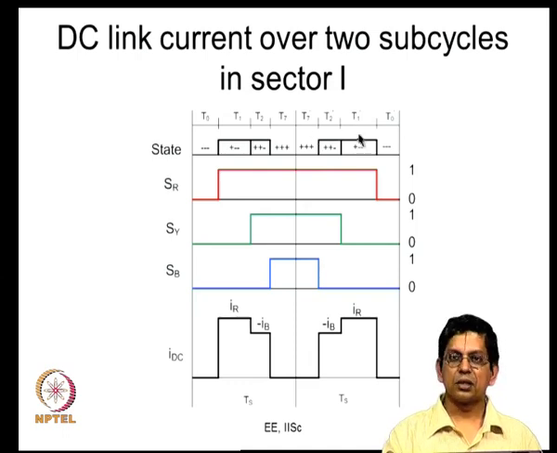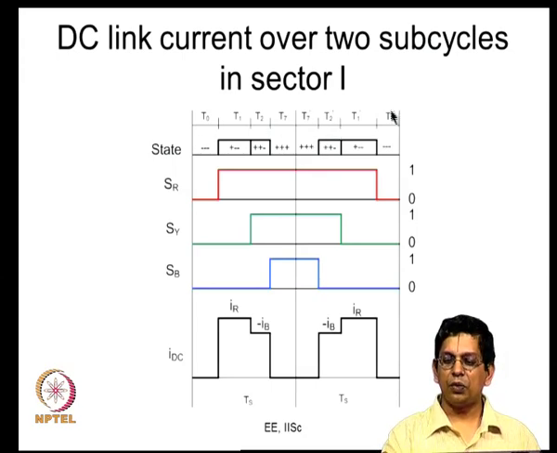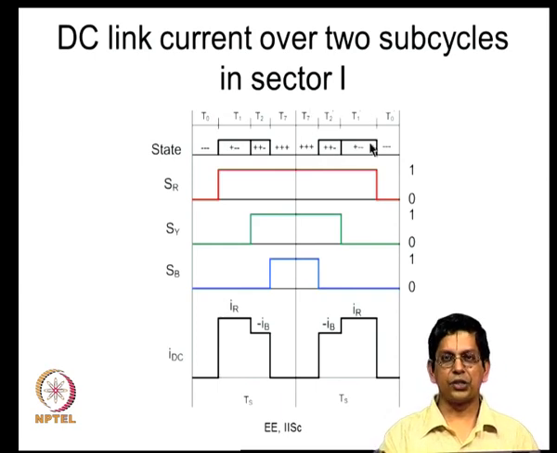Because that angle alpha has changed and the 3 phase references have changed slightly, your active vector time T1 is slightly changed to T1 dash, T2 to T2 dash, and similarly the zero vector times to T0 dash and T7 dash. There are some slight changes, because the reference vector angle has changed.